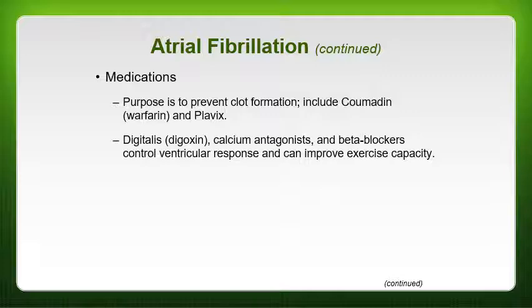And this could help control the ventricular response and improve exercise capacity. Exercise can actually create a greater than normal ventricular heart rate when individuals have this, so that may need to be dealt with through medications.